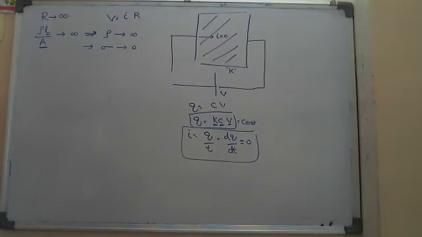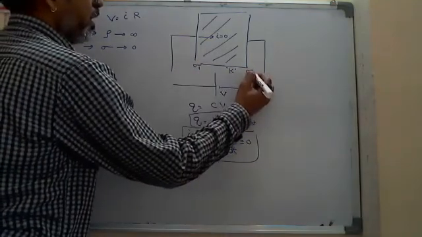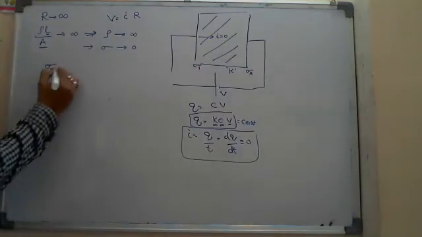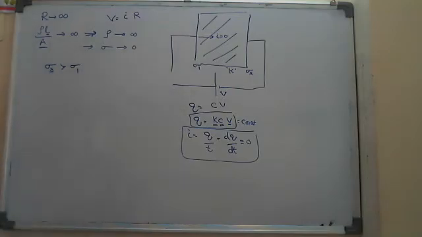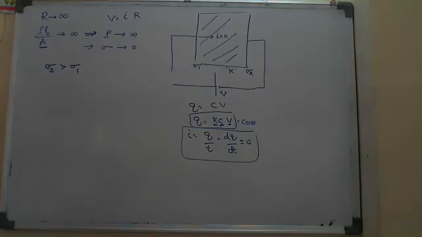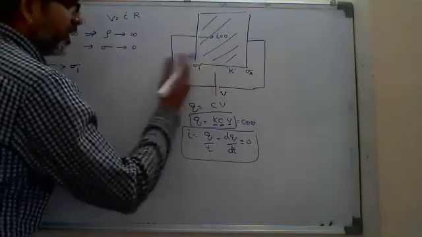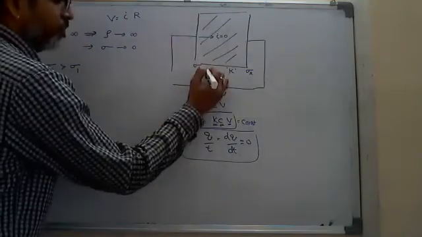It has some value, and that conductivity, if I assume at the two ends as sigma 1 and sigma 2, where sigma 2 is greater than sigma 1. The conductivity linearly increases when you go from left hand to right hand.